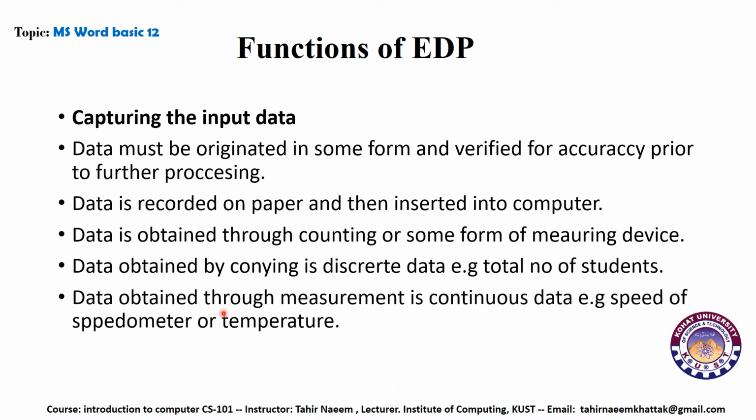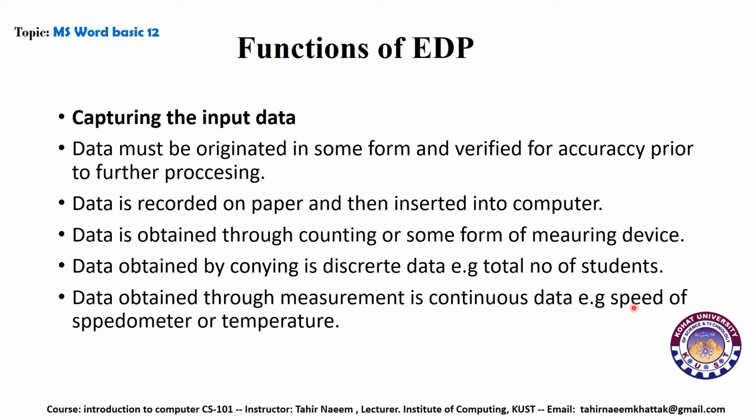Data obtained through measurement is continuous data. The second type of data is continuous, which is measured and has a continuous flow. Here there are two examples, like the speed on a speedometer.